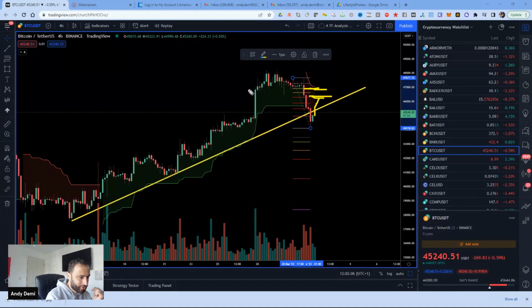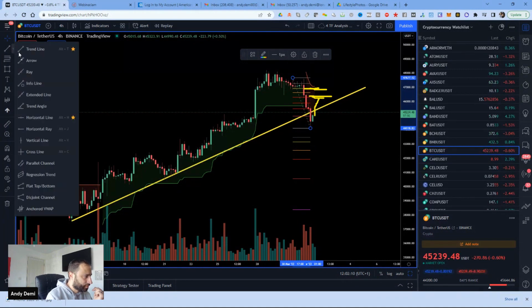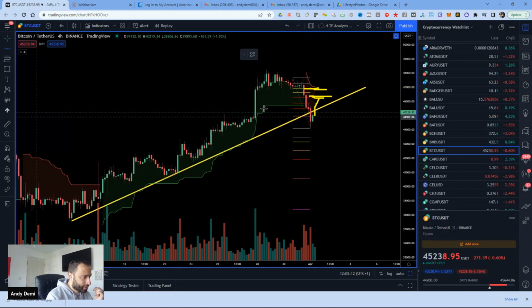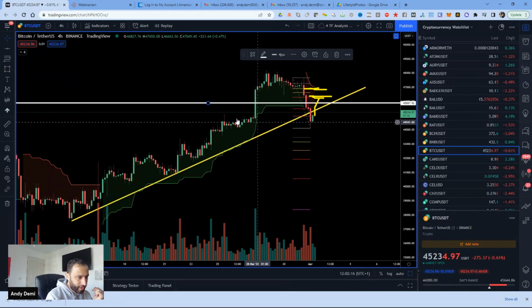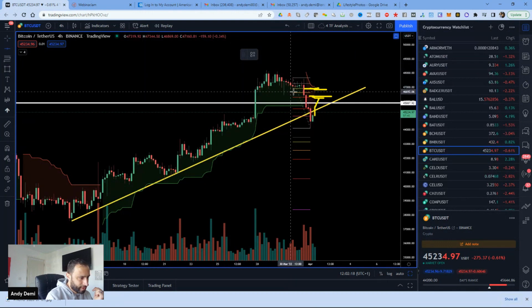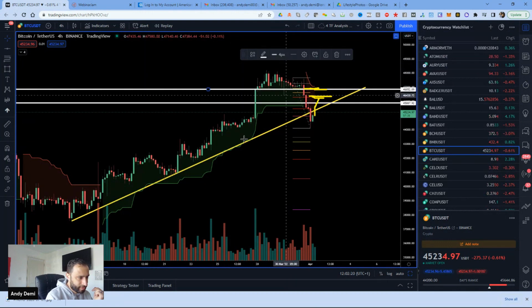So a rally to, I'll give you some levels, guys. 618 comes in at 45,887. And so I think this zone here represents a sell zone, a supply zone.